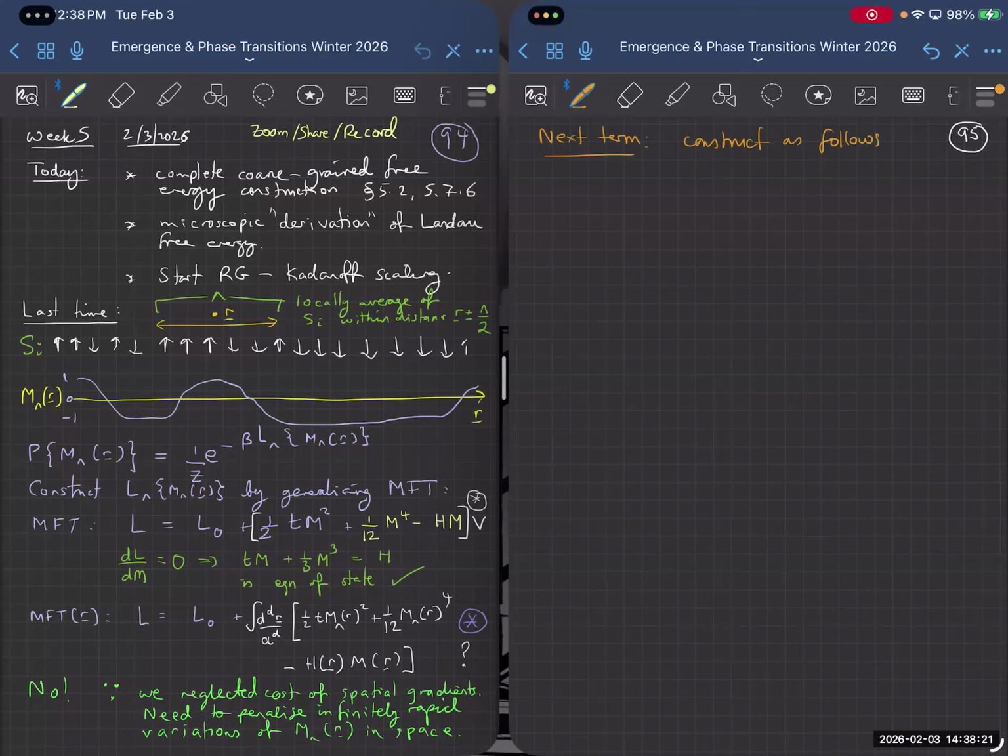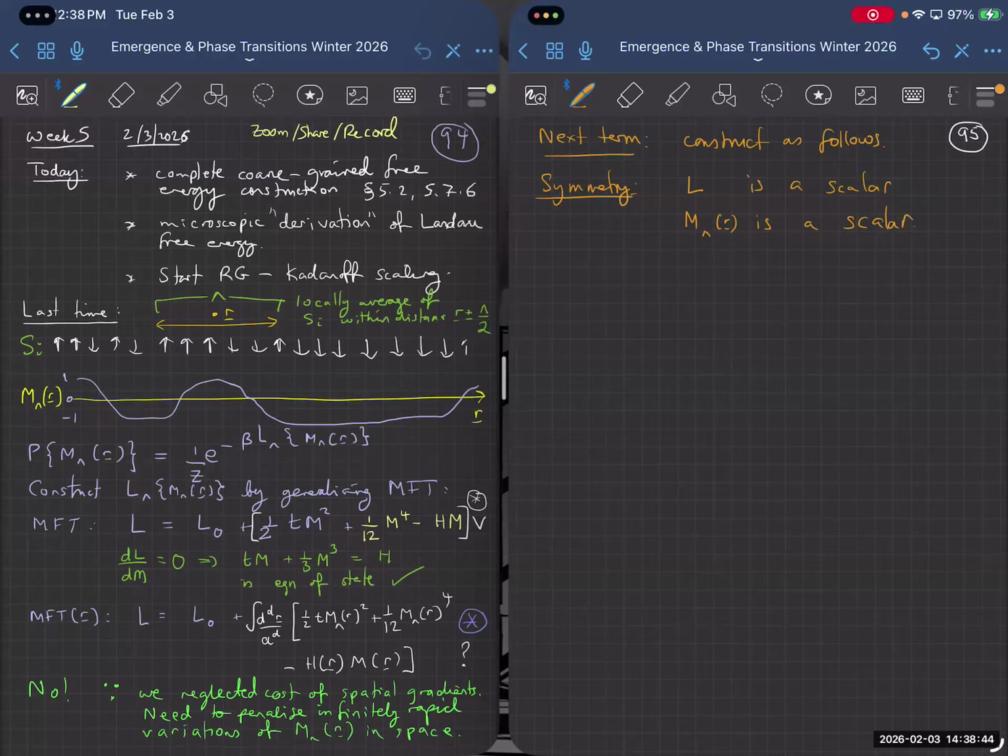There's multiple ways to say this, but let's think about, first of all, symmetry. We know that L is a scalar. It's a free energy. It's a number. It's a scalar. If I look at m lambda of R, that is also a scalar.